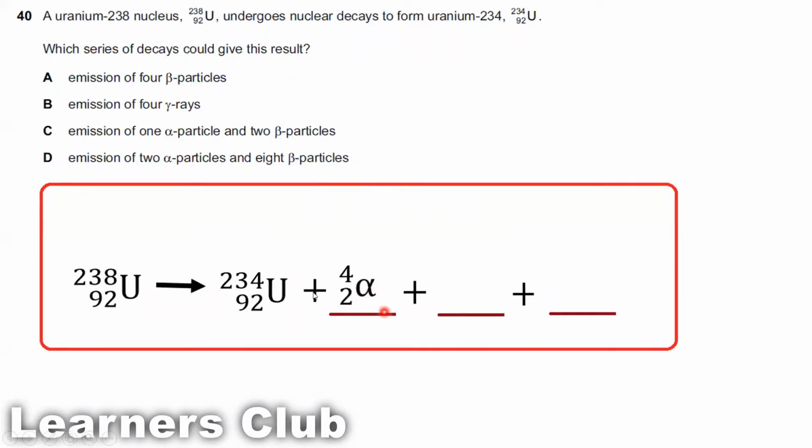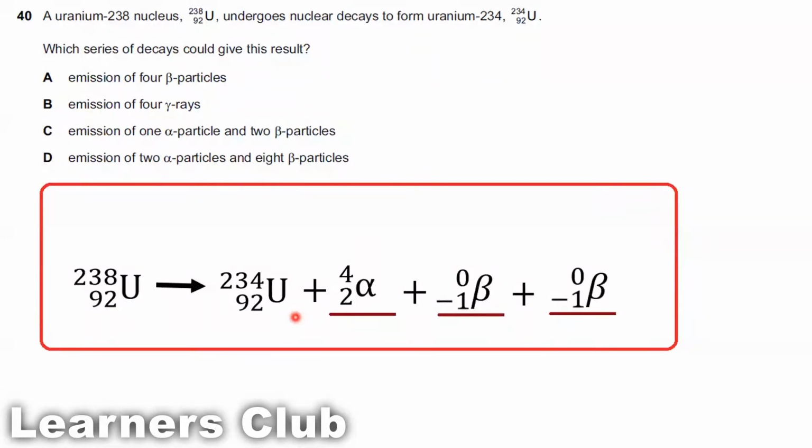As you can see, 234 plus 4 gives me 238, and 92 plus 2 gives me 94. Here I have 92, there I have 94. That means I have to decrease my proton number by 2 steps. So the easy way is to add 2 negative beta particles.